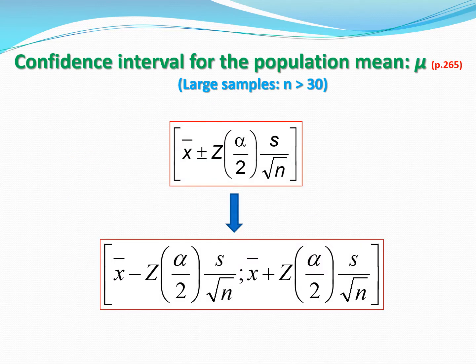So just to summarize, the confidence interval for population mean, if we have large samples, meaning a sample size greater than 30, is given by this formula. So the sample mean minus that product will give us the lower limit of our confidence interval, and our sample mean plus that product will give us the upper limit of our confidence interval.